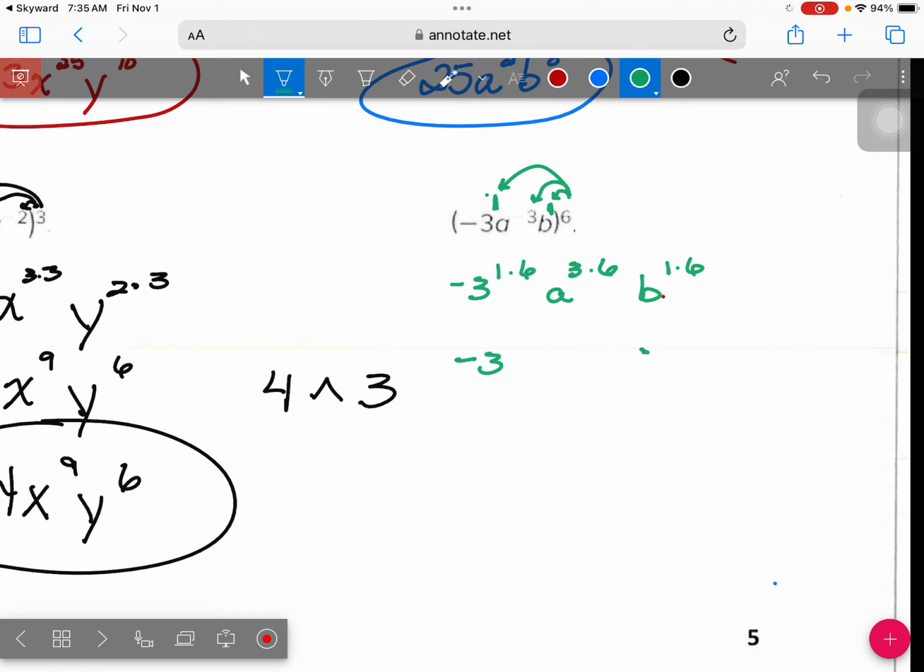Ooh, I forgot to put my parentheses. Negative 3 to the 6th power, a to the 18th, b to the 6th. Can someone please put parentheses negative 3 and parentheses caret 6 and tell me what you get?